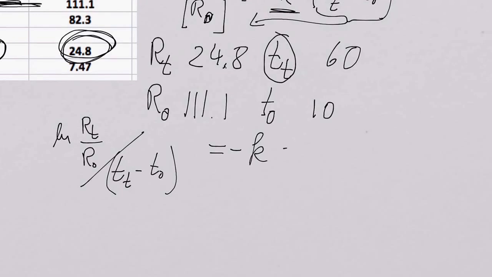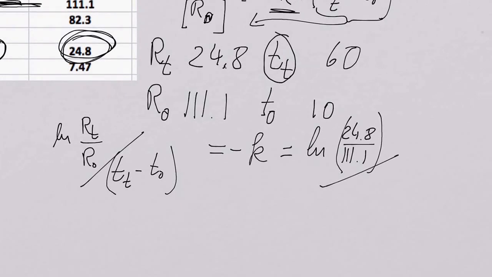So let's plug that in. Equals ln. What did we say? RT is 24.8 divided by 111.1. Obviously, we need to calculate that first. 24.8 divided by 111.